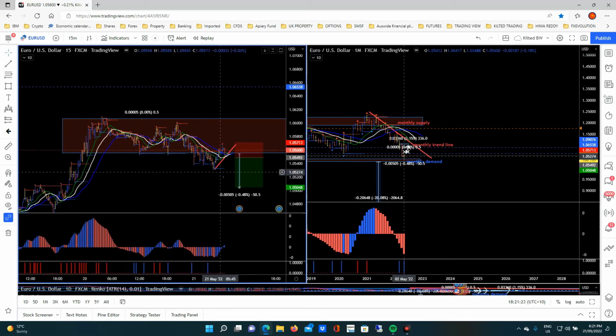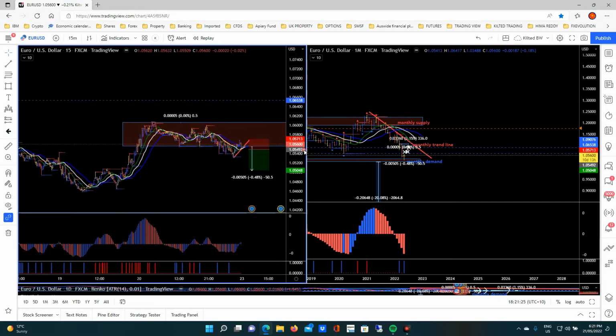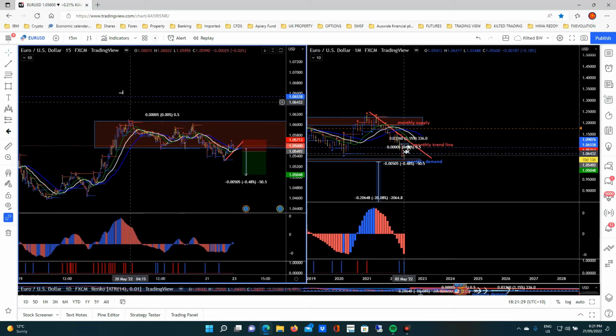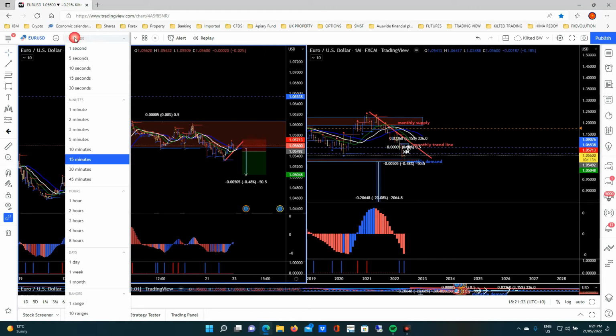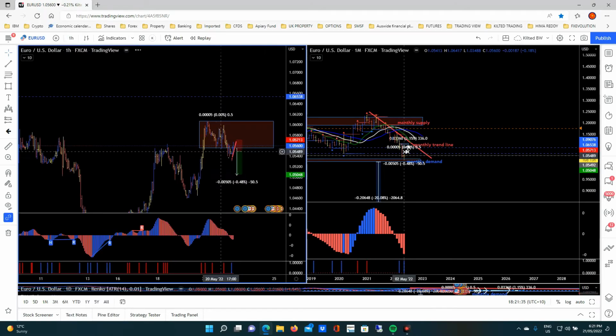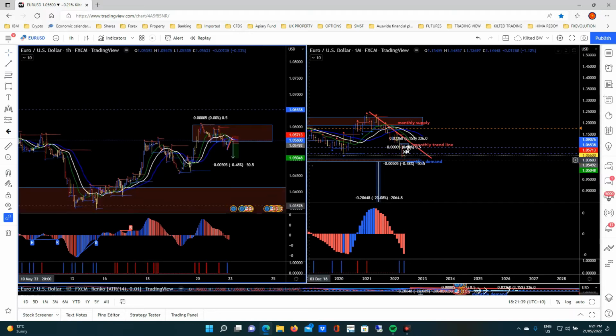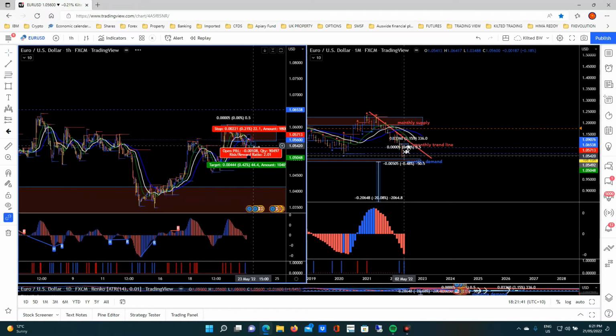So here's a little trade setup for next week, one to keep your eye on, and there's also an inverse head and shoulders setting up on, I think, the 4 hour chart. That would be something to look for as well.